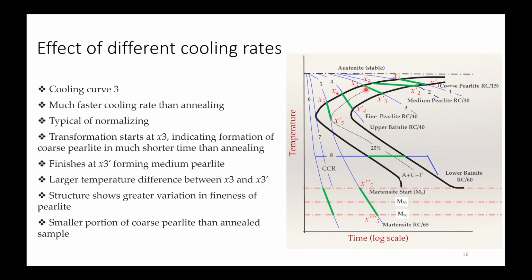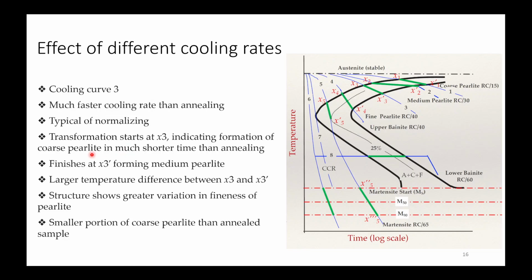In case of case 3, in this case you will be forming medium pearlite. So it is a much faster cooling rate than the annealing. So it is typical of normalizing, and your transformation starts at x3 and completes at x3 dash, and this indicates formation of coarse pearlite in much shorter time than annealing.